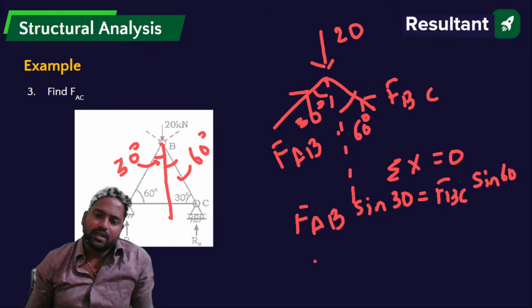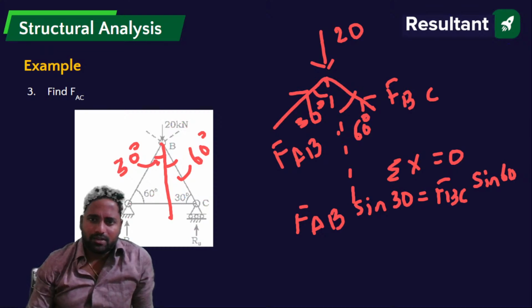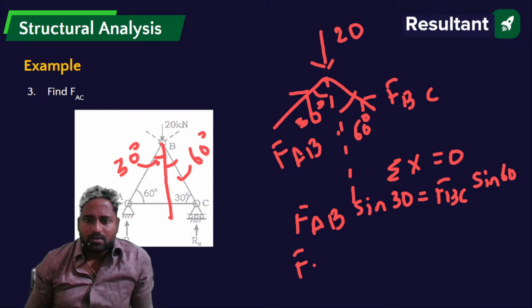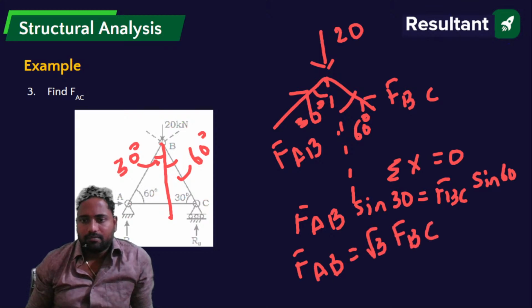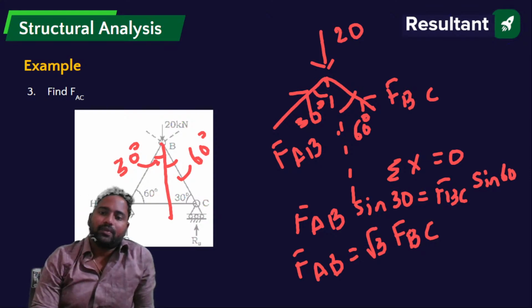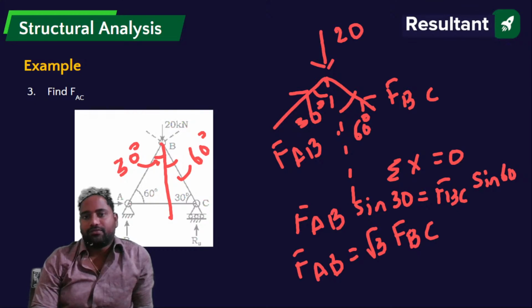Sin 30 is 1 by 2, sin 60 is root 3 by 2. So FAB equals root 3 times FBC.